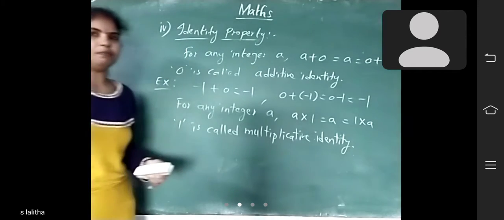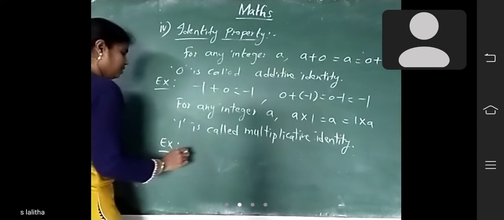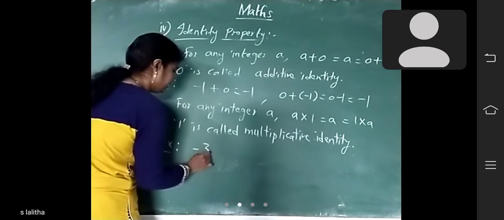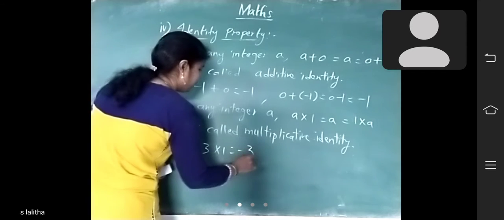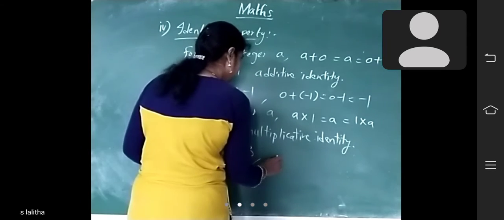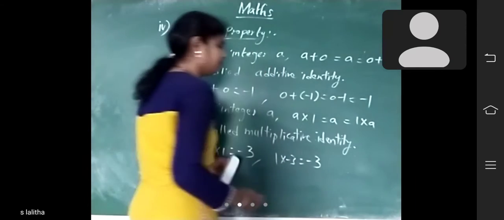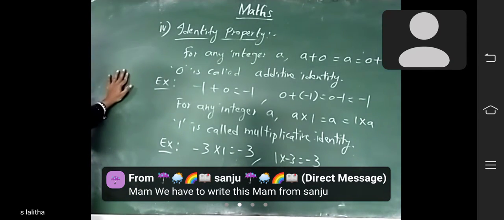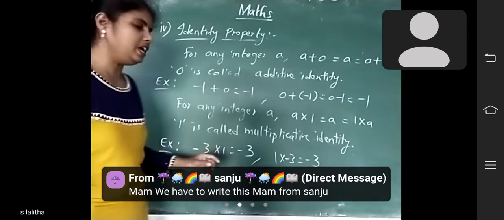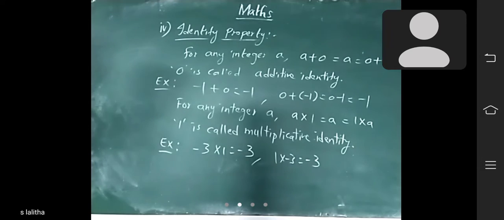Example, take one integer, -3 into 1. How much? -3. You can reverse this one: 1 into -3. How much? -3. This is called identity properties. 0 is called additive identity. 1 is called multiplicative identity.